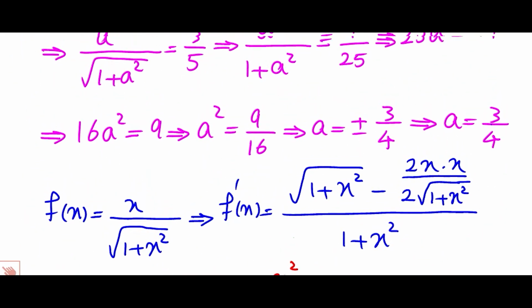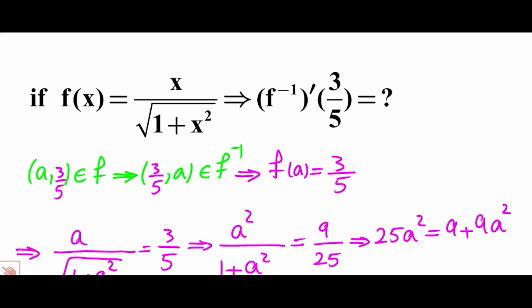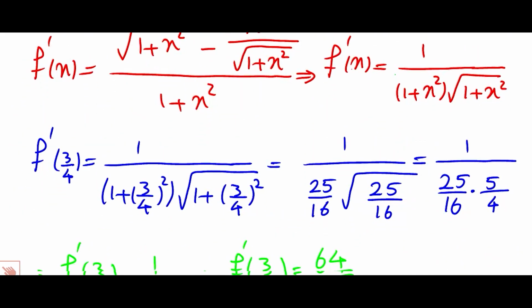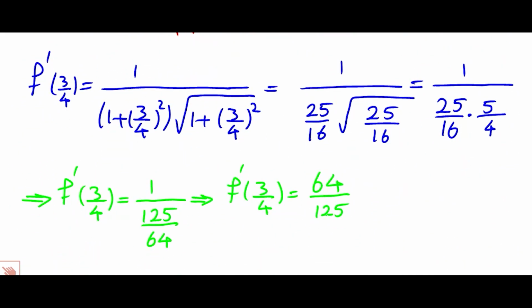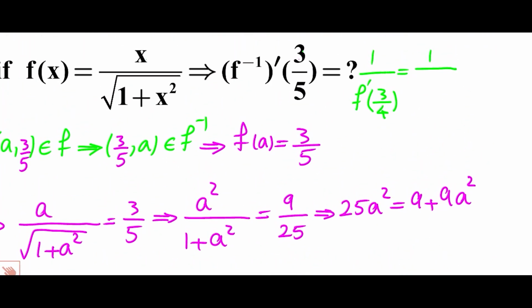So finally the answer is f inverse prime of 3 over 5 is equal to 1 over f prime of a, which is 3 over 4, is equal to 1 over 64 over 125, and finally the answer is equal to 125 over 64.